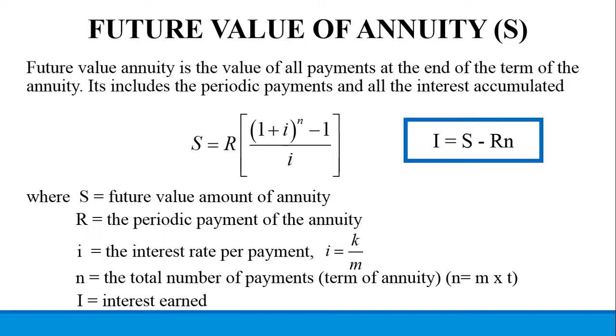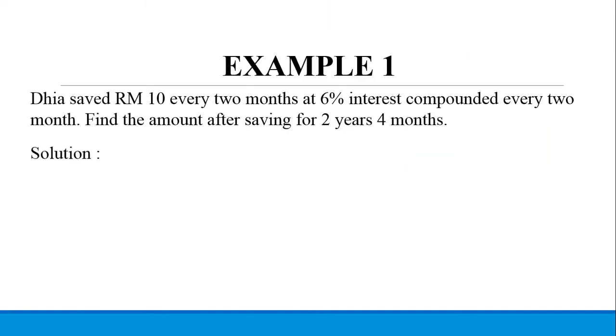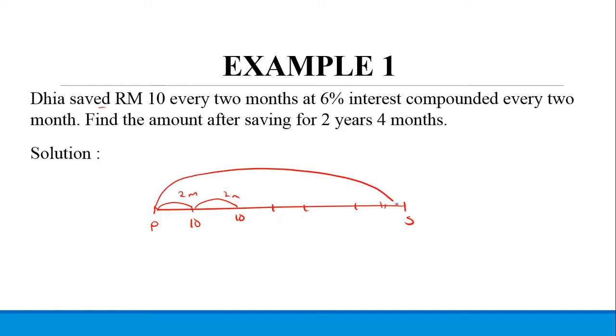Let's say for the first question, she saves 10 ringgit every month at 6% interest compounded every 2 months. Find the amount after saving 2 years and 4 months. Let's do a timeline. This is P, this is S. When they say you save 10 ringgit every 2 months, it means every 2 months you put in 10 ringgit, until 2 years and 4 months.